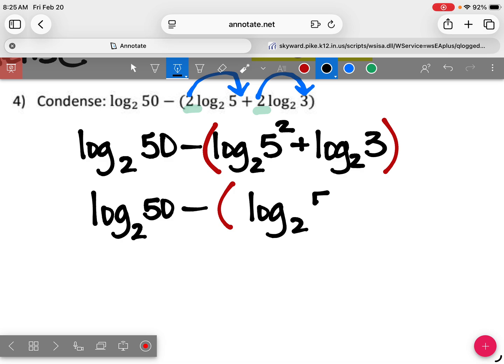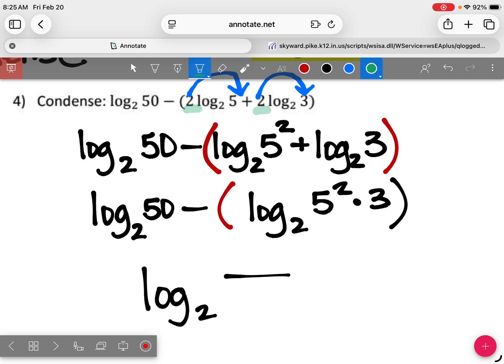So you could change it to 25, but let's just keep it simple. We're just gonna keep it 5 squared. Let's not even try to do all that. All right, lastly, because we have subtraction, we're going to make our fraction. In the top of the fraction, we're putting a 50. That's all we got upstairs, just a plain old 50. In the bottom of the fraction, we have a 5 squared times 3.